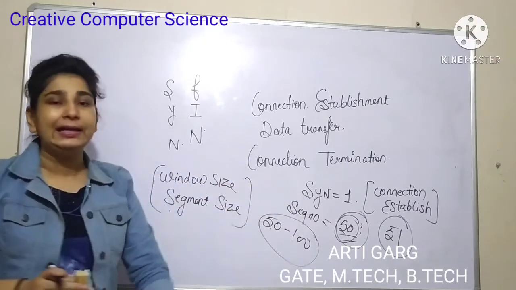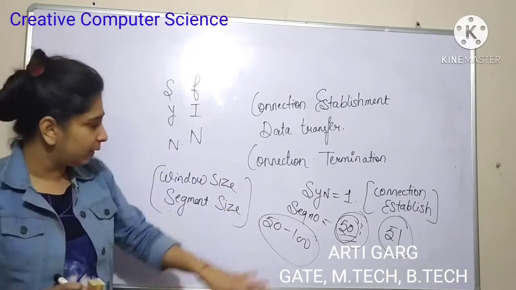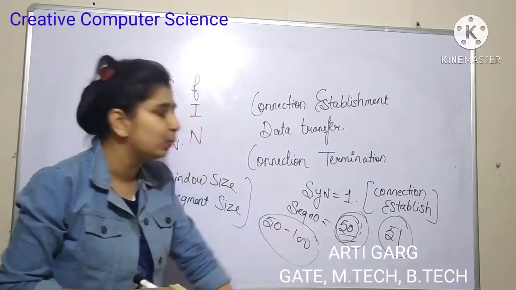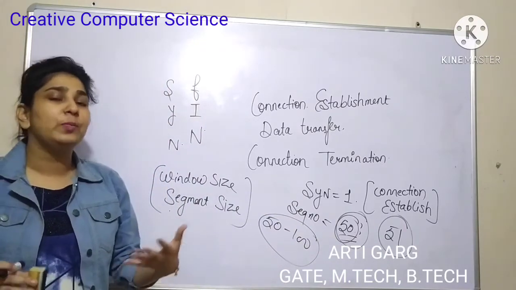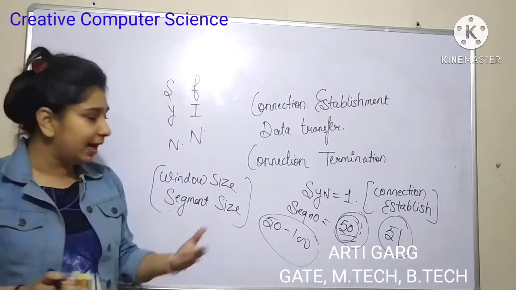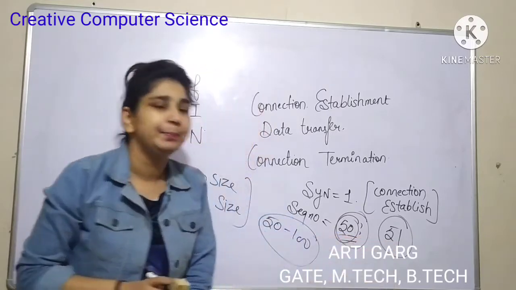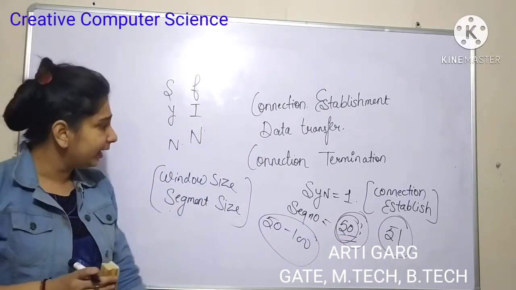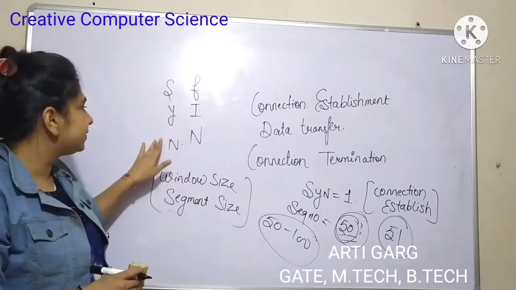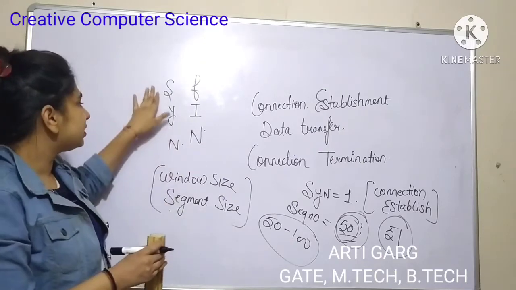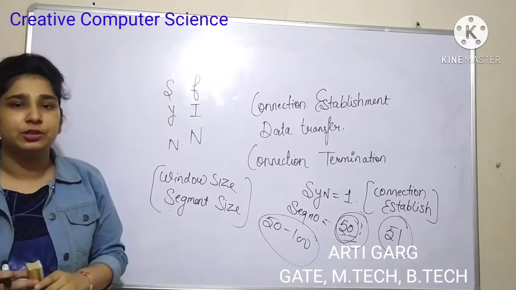So the SYN field consumed 1 sequence number, and when you send your original data, it would start from 51. So that is the purpose of the SYN field. It is used while establishing a connection.